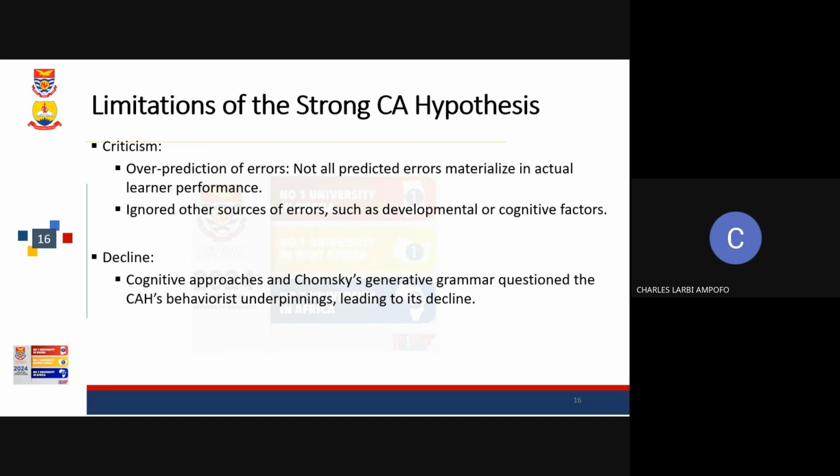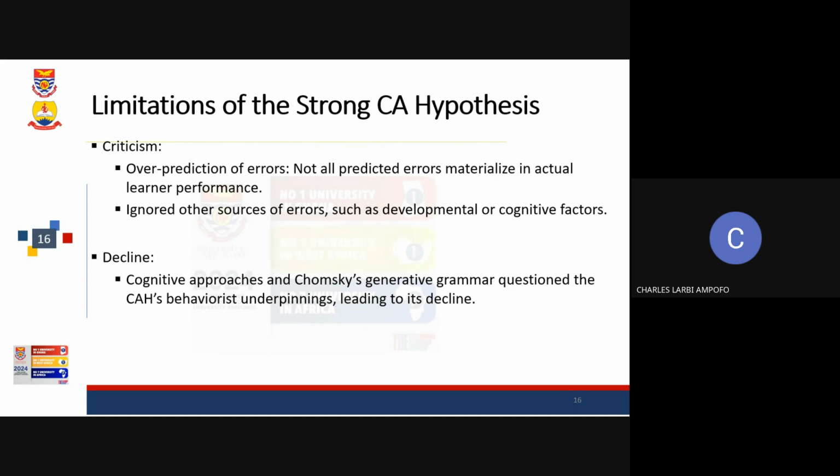As a result of these criticisms, we saw a decline in contrastive analysis. So what led to the decline? Cognitive approaches. New linguistic approaches came into being which focus on the cognitive aspect of the learner.